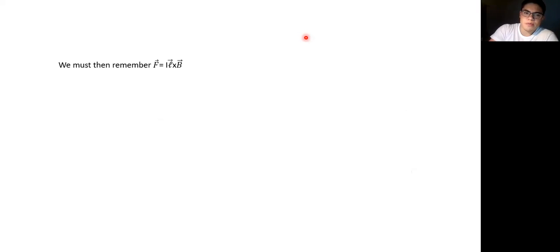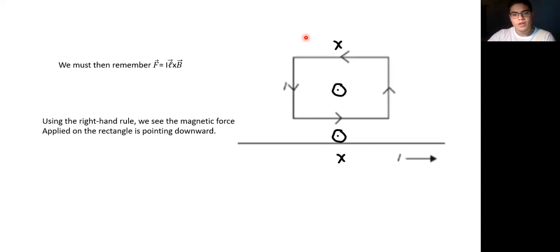And then we must also remember that the magnetic force is equal to the current times the length vector crossed with the magnetic field vector. So when we use the right-hand rule, we'll see that the magnetic force applied on the rectangle by the wire at the bottom is actually pointing downward.